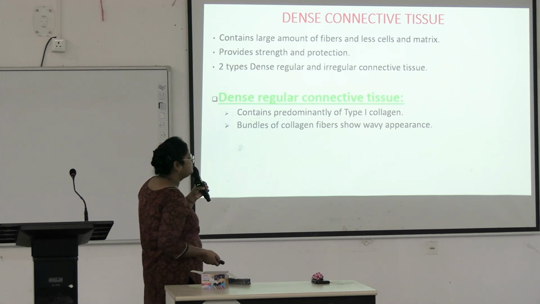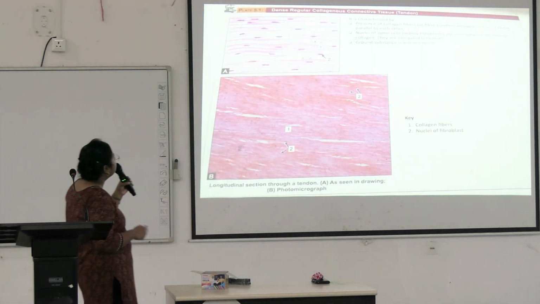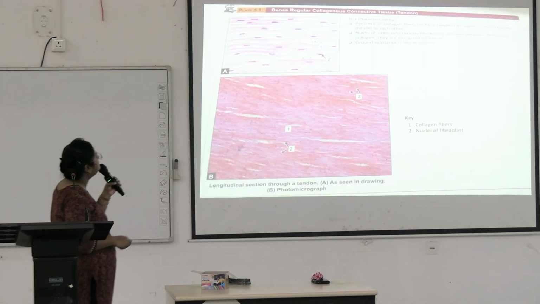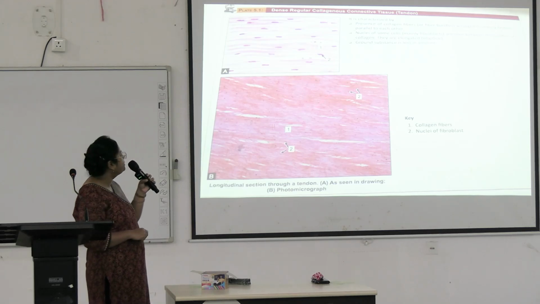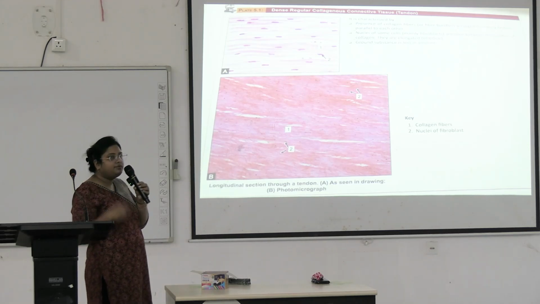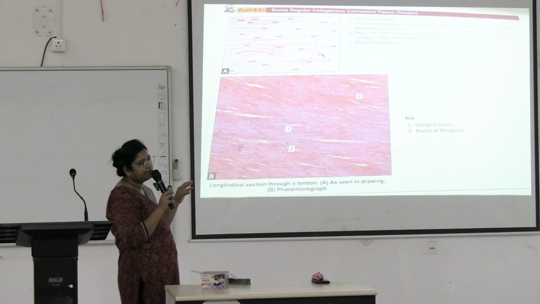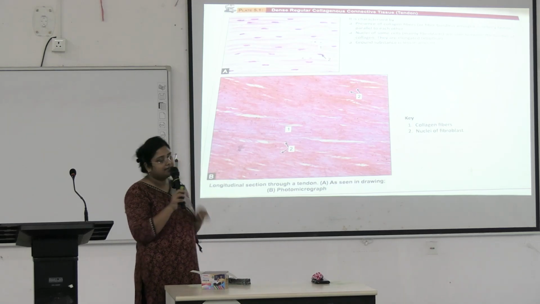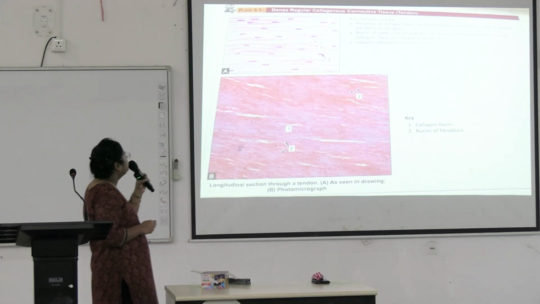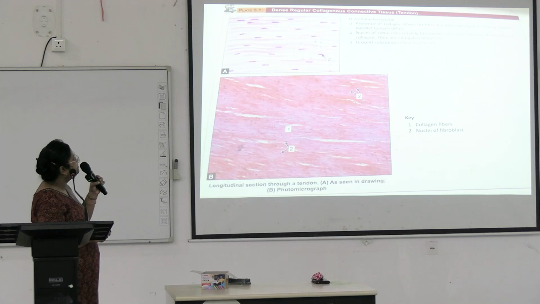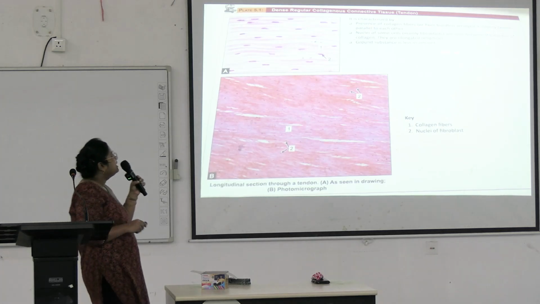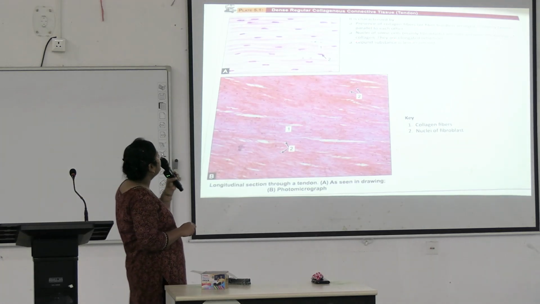Next. See here, this is one dense regular connective tissue, collagenous connective tissue. This is tendon. It is characterized by presence of collagen fibers or fiber bundles arranged in orderly fashion parallel to each other.